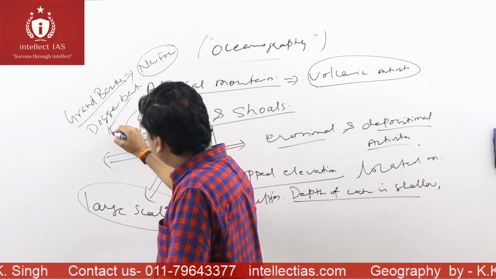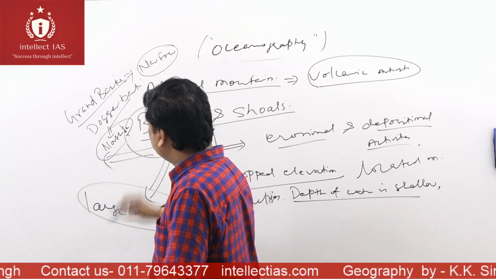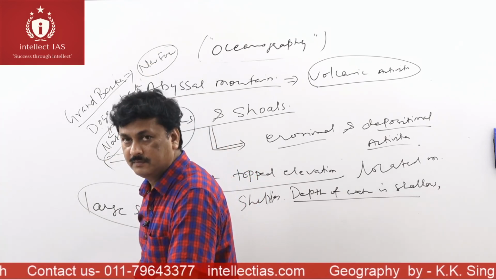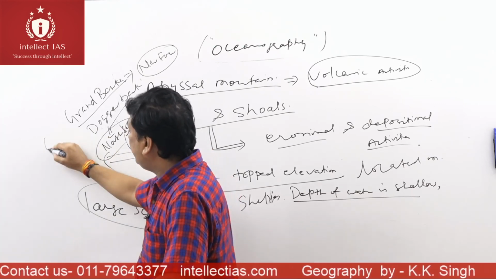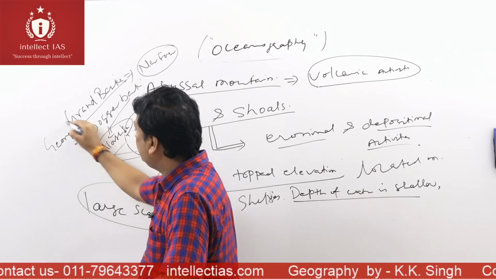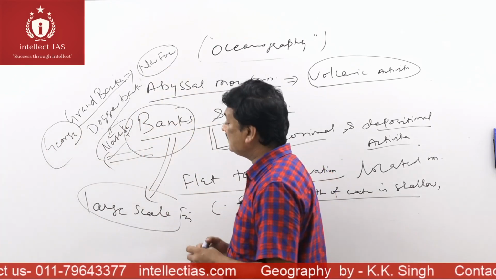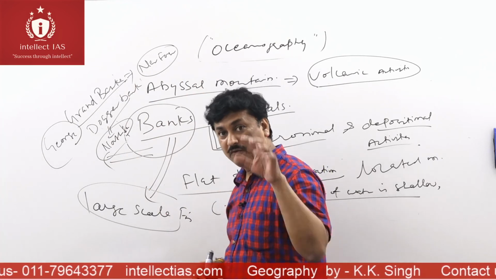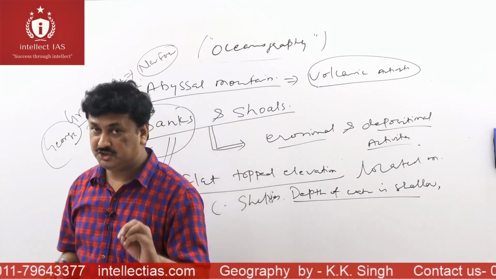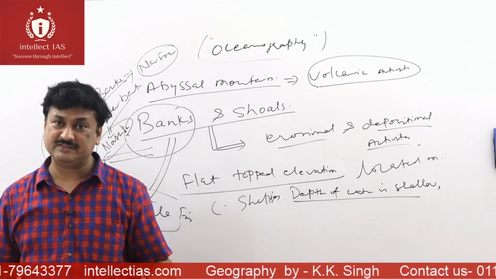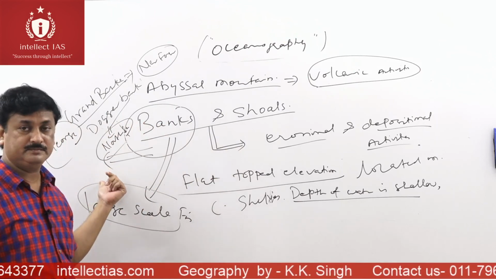Dogger Bank is the bank in North Sea on the eastern coast of England, United Kingdom. Then George Bank is also very near to Newfoundland. So these banks provide a favorable condition for the development of fishes. That's why large scale fishing is done on these banks.